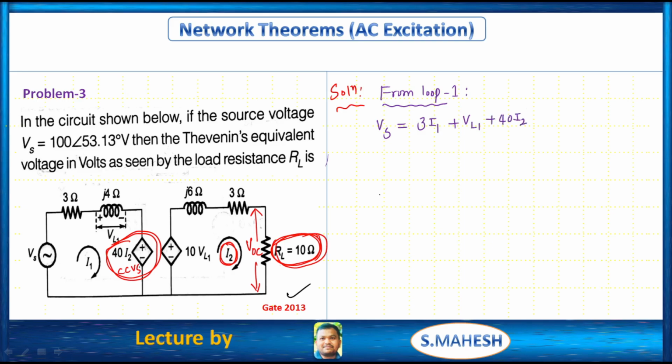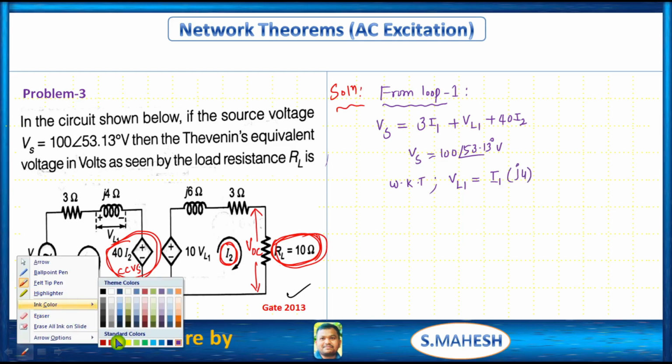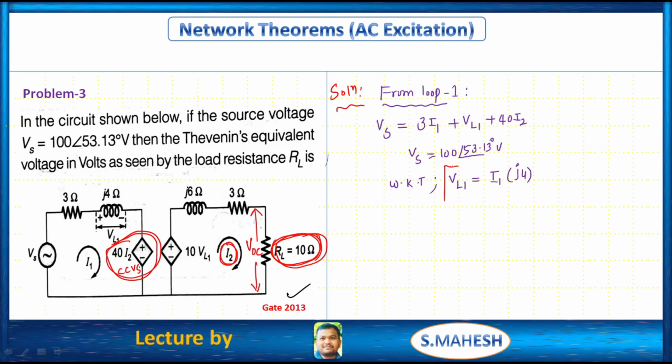We know that Vs is 100 at an angle 53.13, and VL1 is nothing but I1 into j4, simple IXL. This is equation 1.